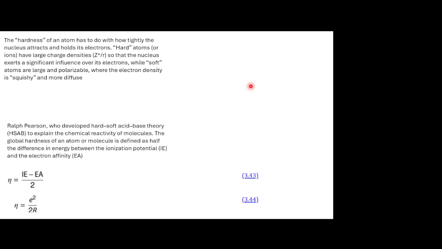It's because you're only looking at half of the energy equation. You need both parts to really determine which is going to be more stable and if it'll easily react and make something. Both parts together get the average. This will give you that hardness factor, the global hardness, and that will give you a much better idea of the reactivity of these things. Okay?